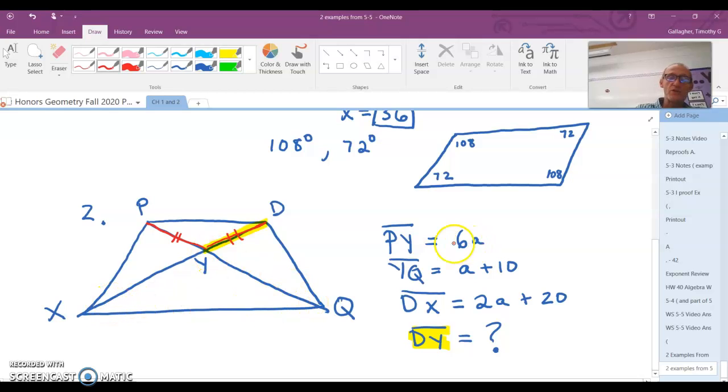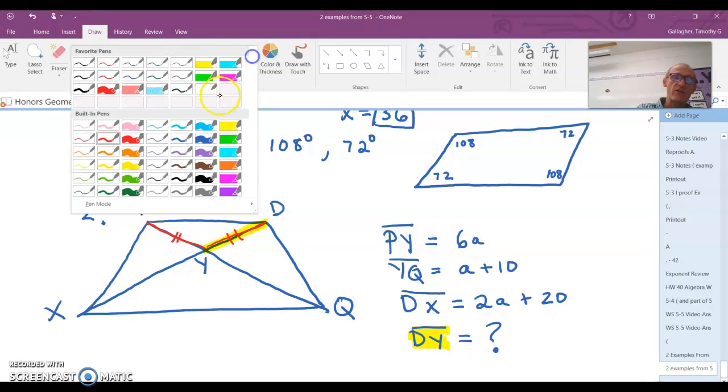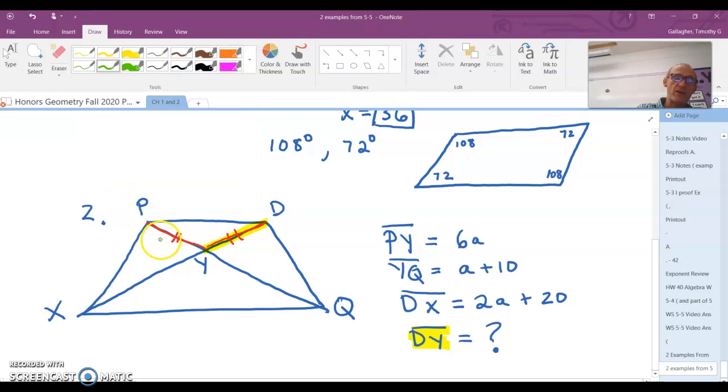Now, I'm going to substitute each one of those values into the diagram. So this is 6a PY, YQ is a plus 10, and DX, which is this right here, I'm going to put that outside the diagram, DX equals 2a plus 20.